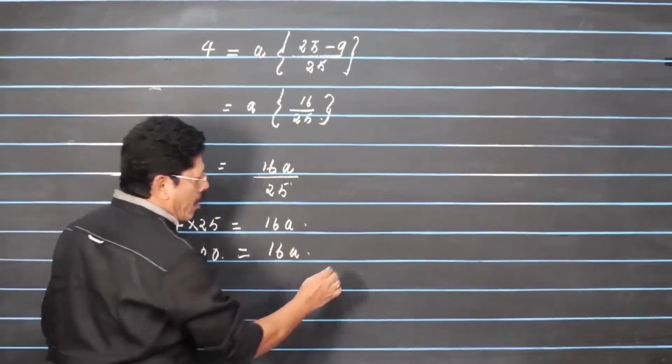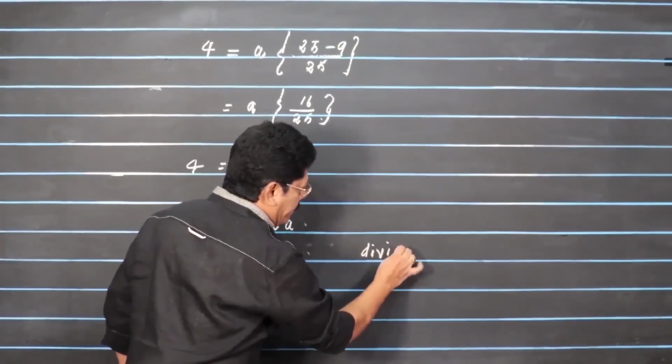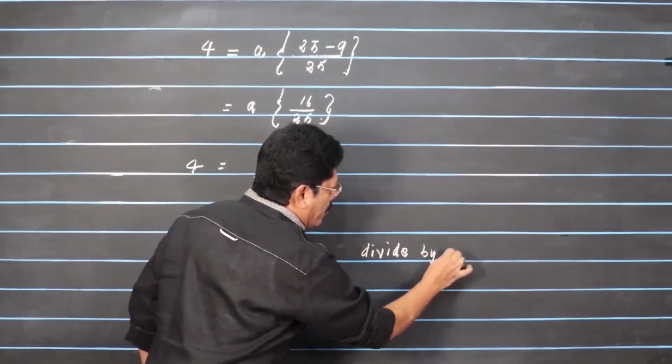Now if you see, 4 is common. So divide by 4.